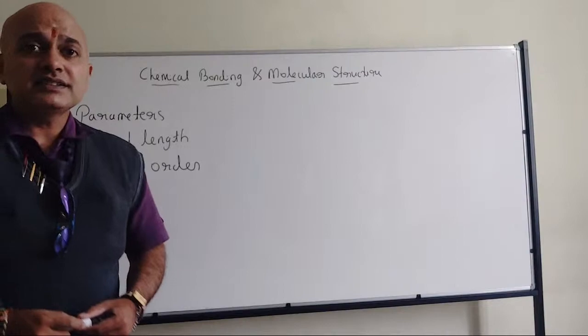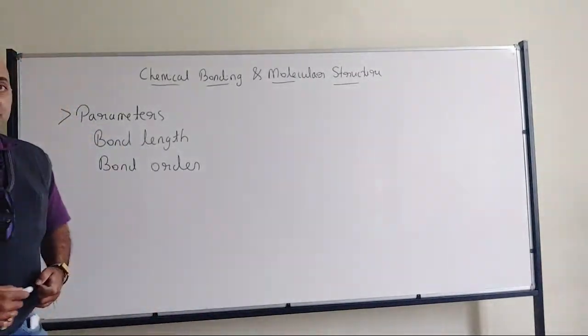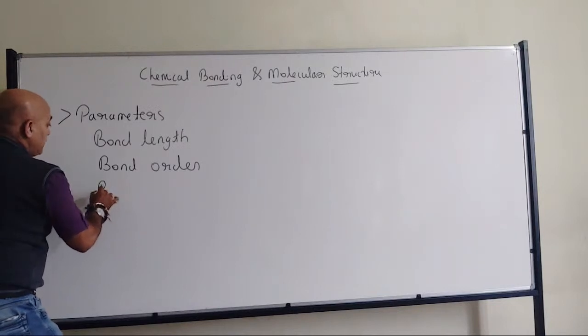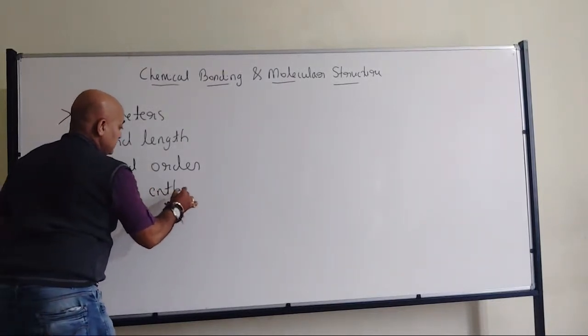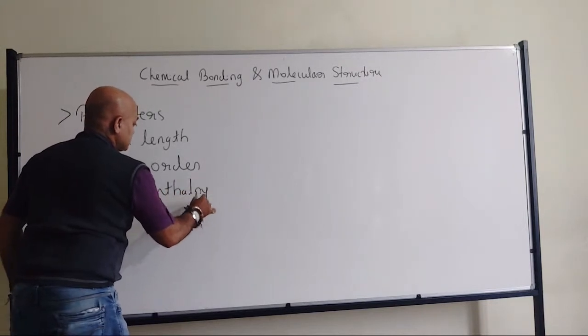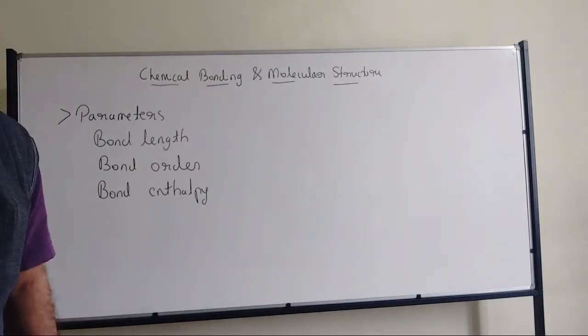Then we discussed bond angle. Before that, we discussed bond enthalpy. Bond angle is a separate one, but these three are related to each other.